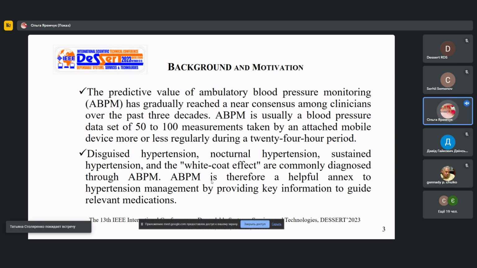It provides critical information for diagnosing conditions like masked hypertension, nocturnal hypertension, and sustained hypertension, while also assisting in hypertension treatment.